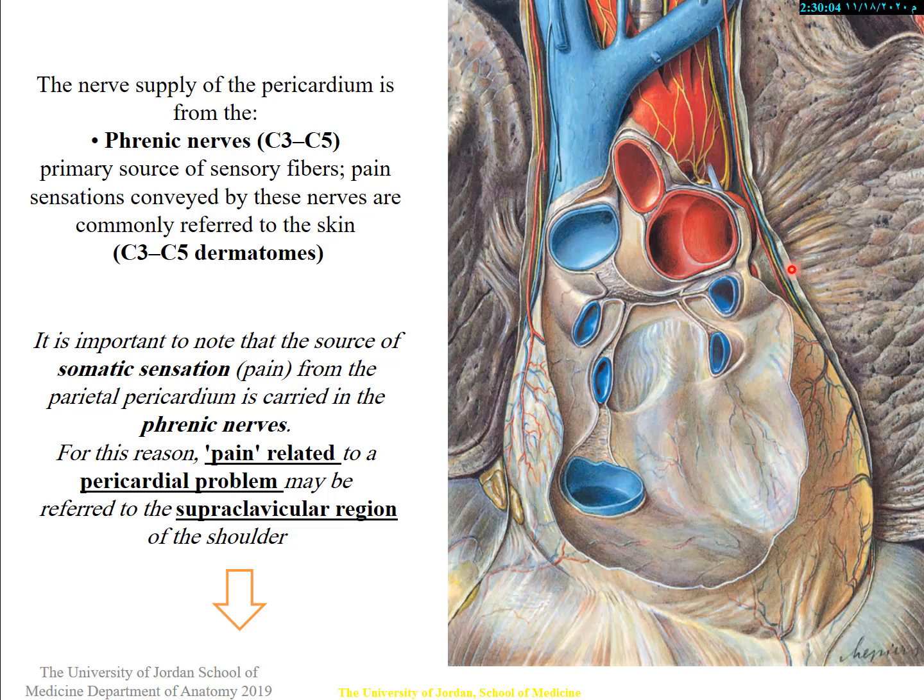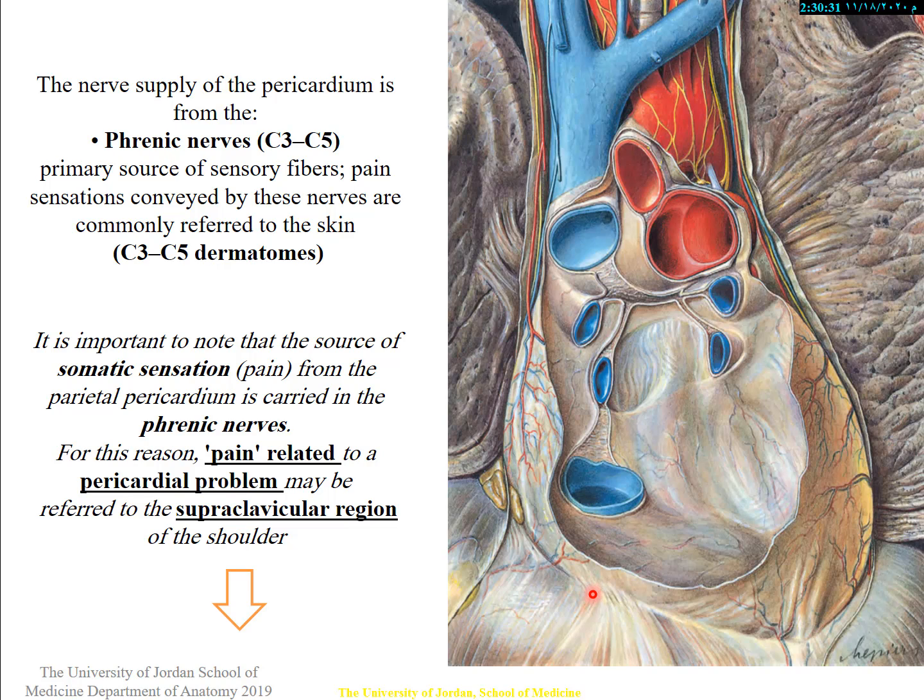Hang on a minute. You did say from the diaphragm. Yes, I did say from the diaphragm. It supplies the diaphragm, especially the central area, by motor, and this area is also supplied by the phrenic nerve for sensory.